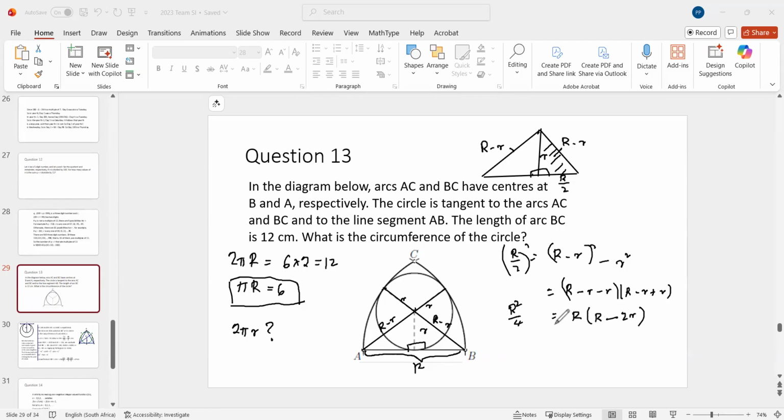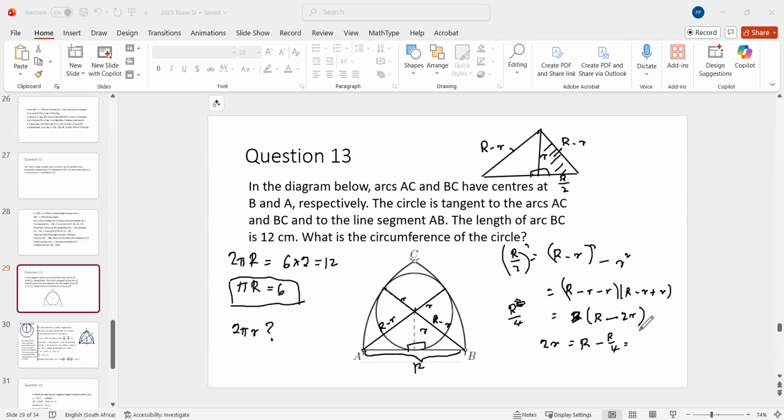So you can cancel one of the R's there, and you get 2r can be made into the subject. We're looking for small 2r. 2r is capital R minus R over 4.